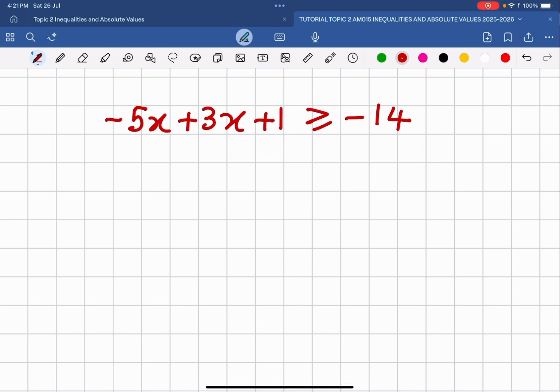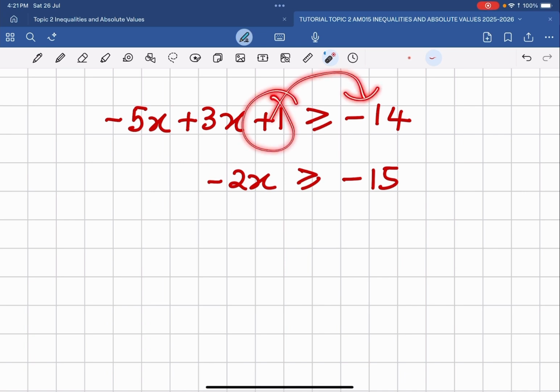Now let us solve this. Negative 5x plus 3x is negative 2x, and if we bring this 1 to the right hand side, we get negative 15. I did a bit of a shortcut there: this positive 1, bring it to the right hand side, negative 14 minus 1, which is negative 15. So this is negative 2 times x, so we divide both sides by negative 2.